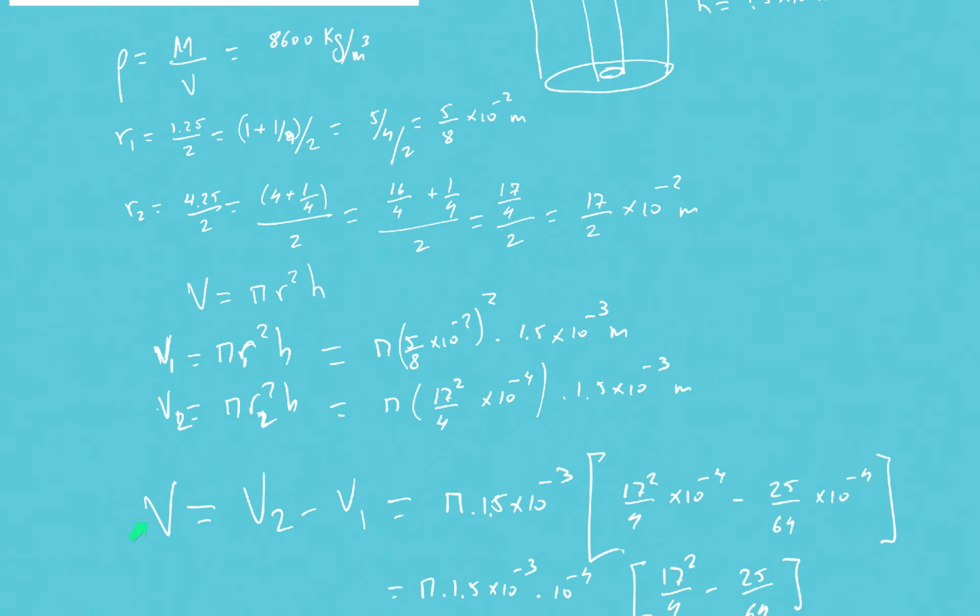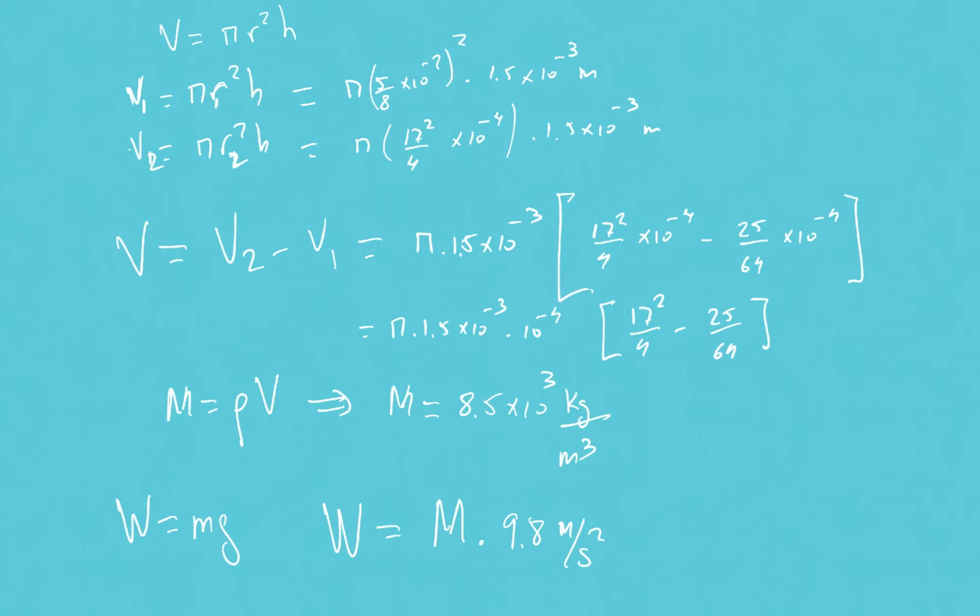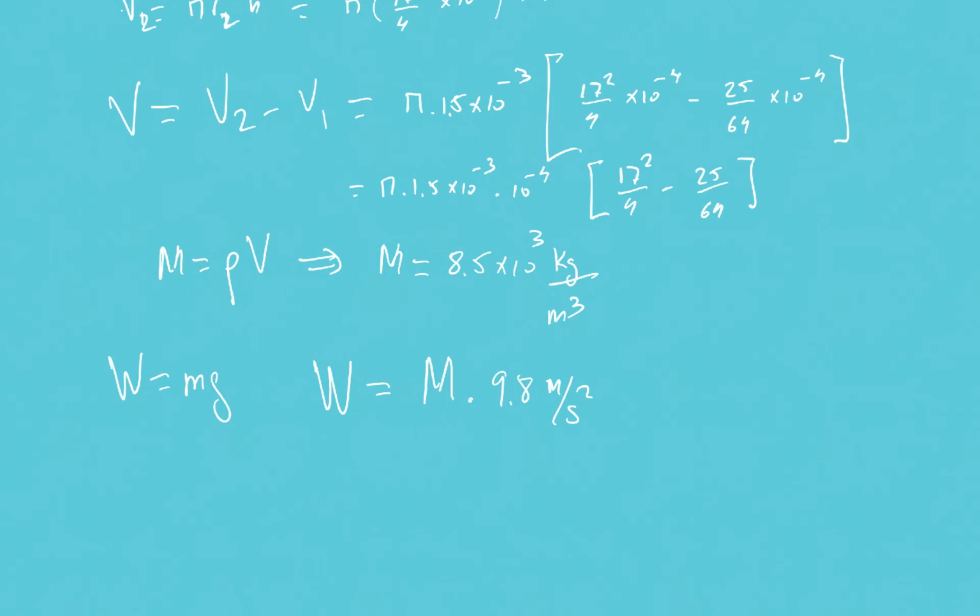And so the volume that we want is V2 minus V1, because it's the total volume that the object has. Making the calculation, if I did it right, you can check it and let me know. You will find the volume, and the volume is this amount.